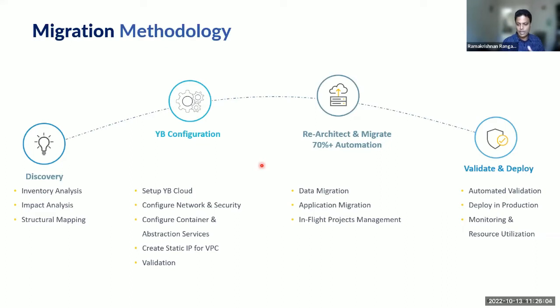It also automatically does the structural mapping to Yellowbrick based on what system you are migrating from. The whole concept of setting up YB on the cloud can be automated, based on what cloud provider you are going to go with, AWS or Azure or Google. We can create automated deployment scripts, for example, through CloudFormation or Terraform.